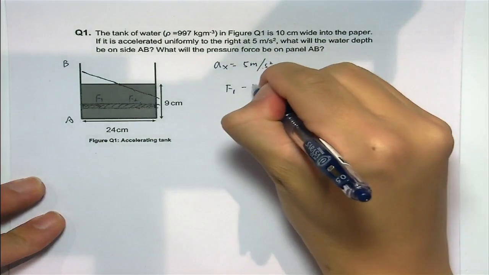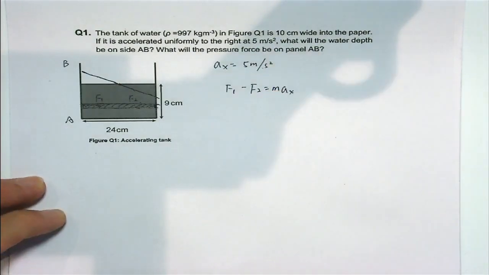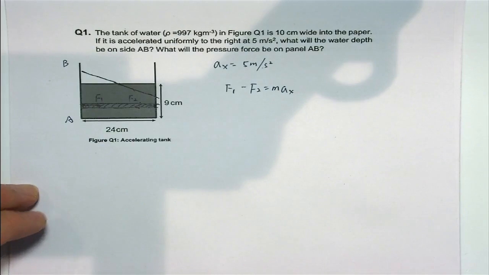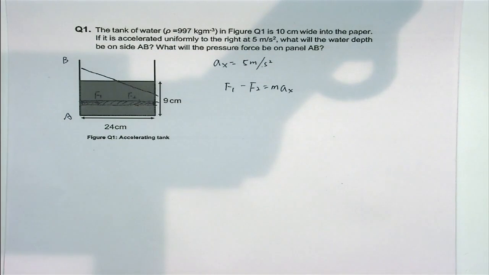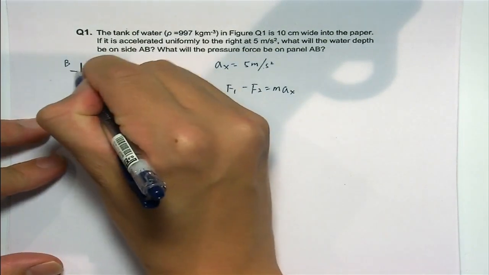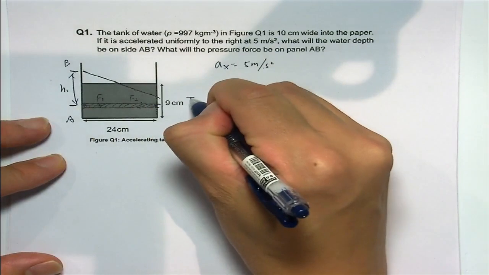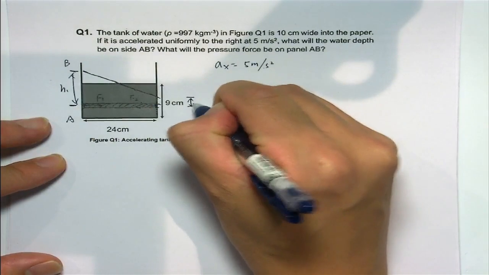So F1 minus F2 is equal to M AX, right? So in order to solve F1 and F2, we need to know the height. So we suppose that the height on the left is h1, and the height on the right is h2.